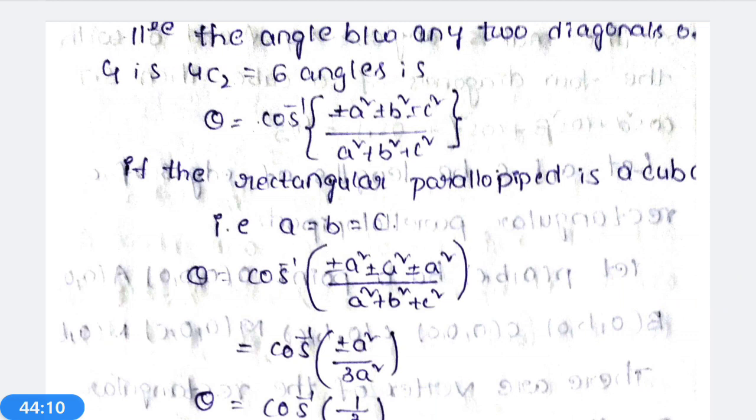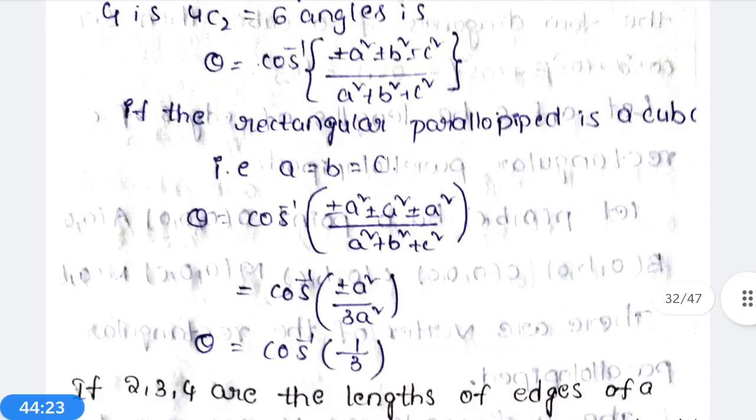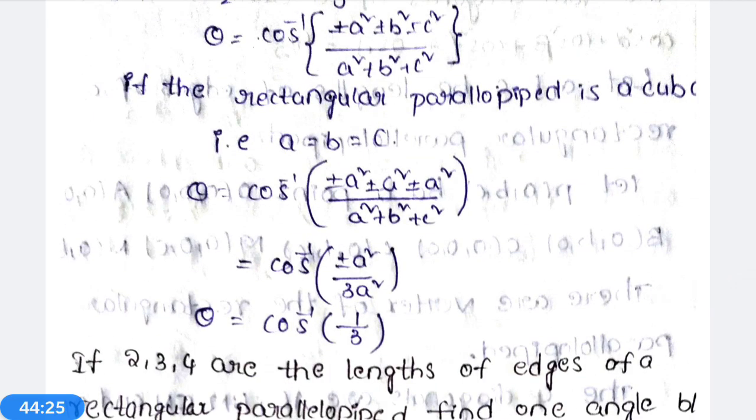Now, if the rectangular parallelepiped is a cube, then a is equal to b is equal to c. Then theta is equal to cos inverse of plus or minus a square plus or minus a square plus or minus a square by a square plus a square plus a square, which implies cos inverse a square by 3a square, which is equal to cos inverse 1 by 3. Therefore, theta is equal to cos inverse 1 by 3.